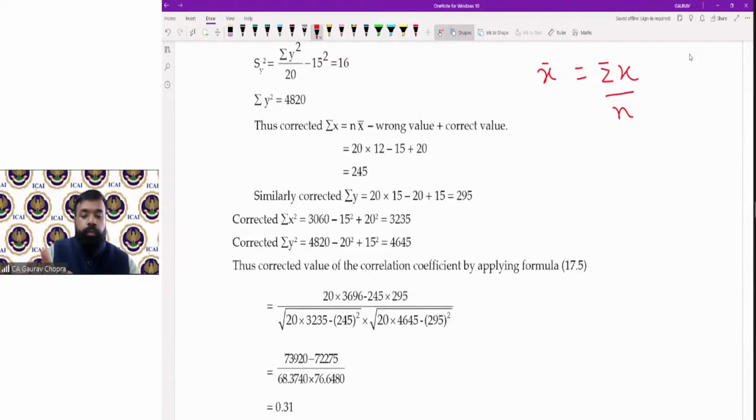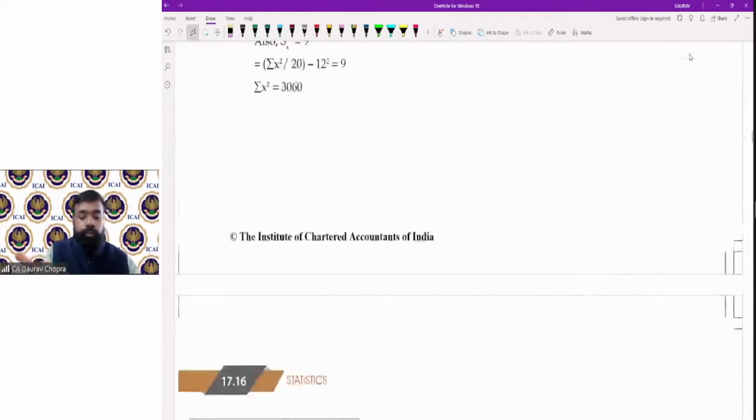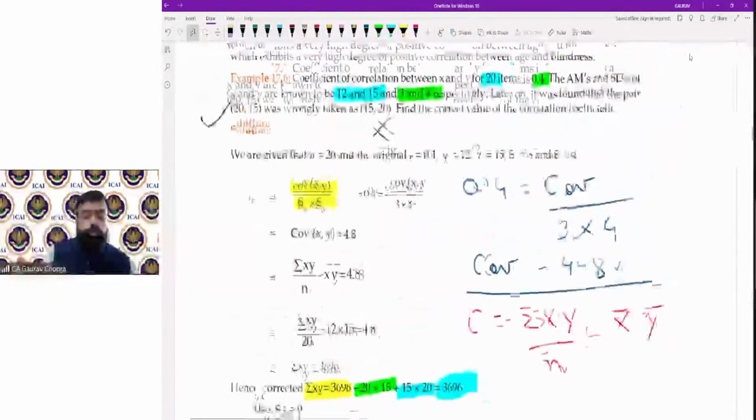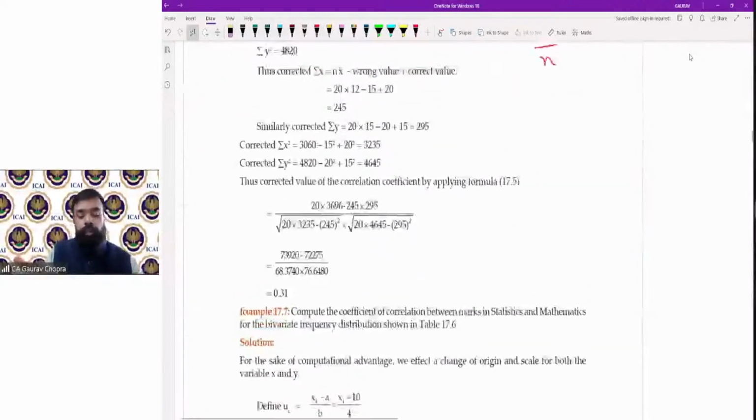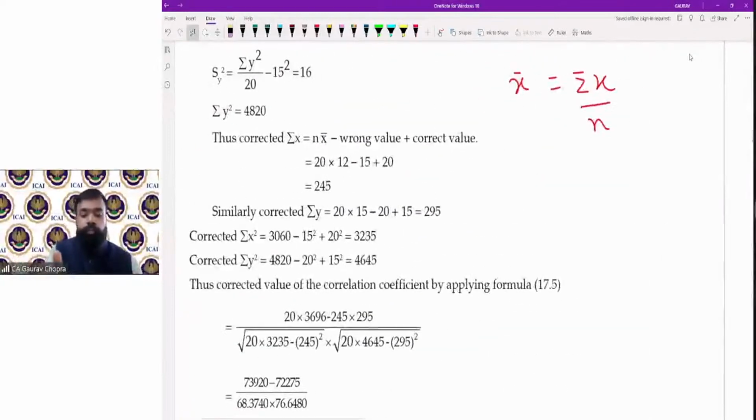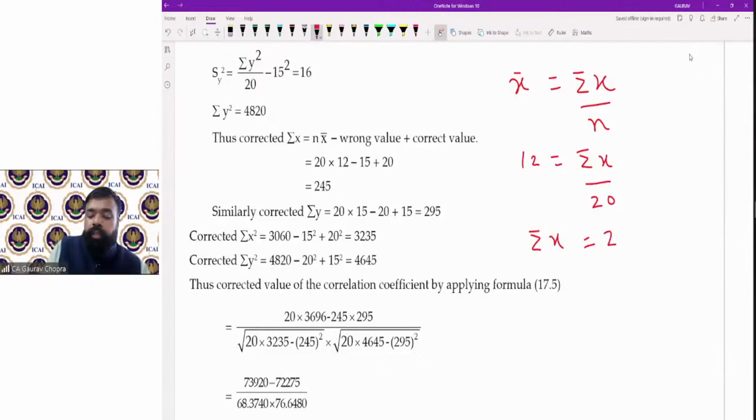Let's check from above. 12 and there are 20 items. So therefore sigma x will be 240. अब हमें नेक्स्ट क्या करना है?